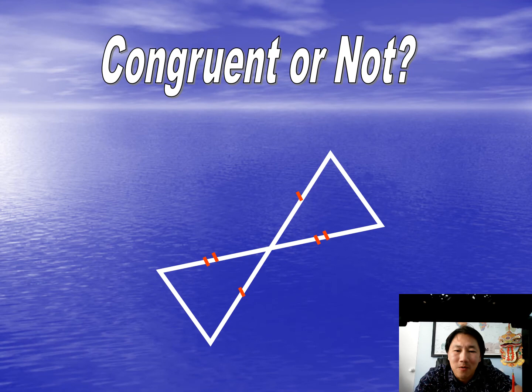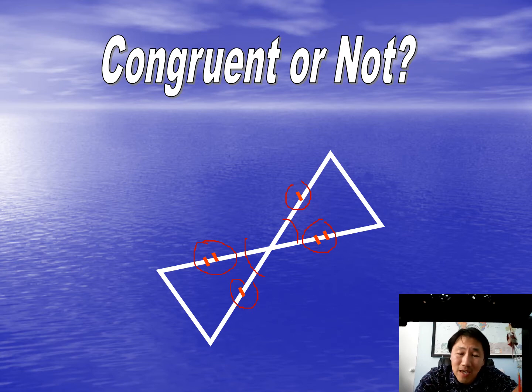Let's do an example. Are these two triangles congruent or not? Let's see. We have one side marked. Good. We have another side marked. Good. So that's two sides. The third side is not marked, but it turns out that we do have these angles, vertical angles.